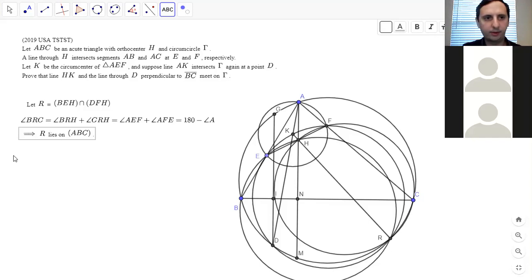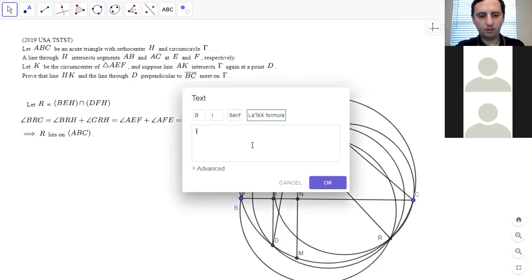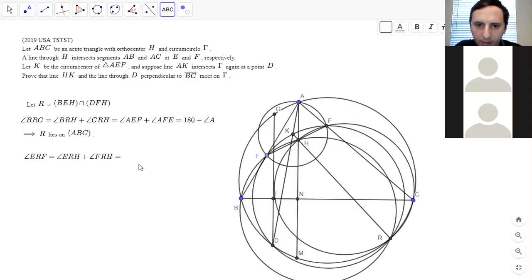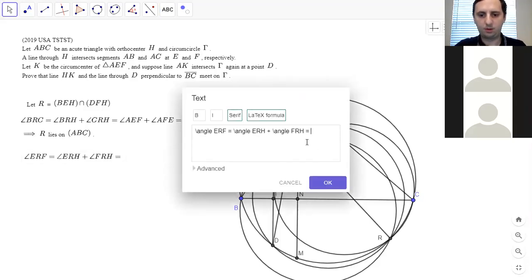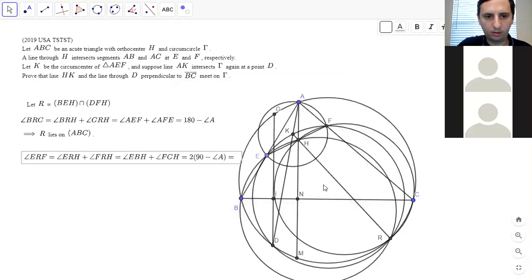So angle ERF equals angle ERH plus angle FRH, which is angle EBH plus FCH, which is twice 90 minus angle A, which is angle EKF is twice angle A.